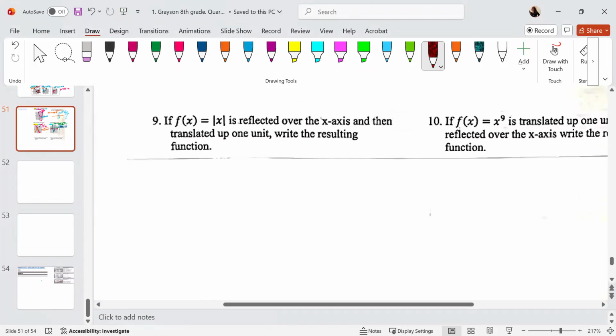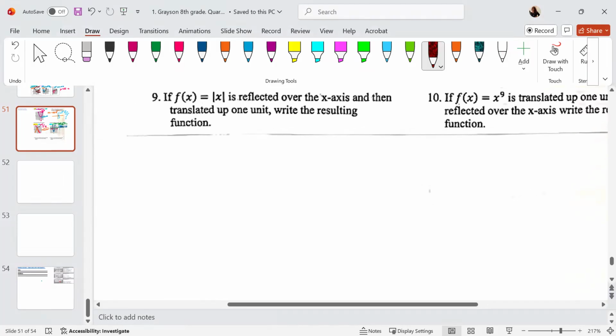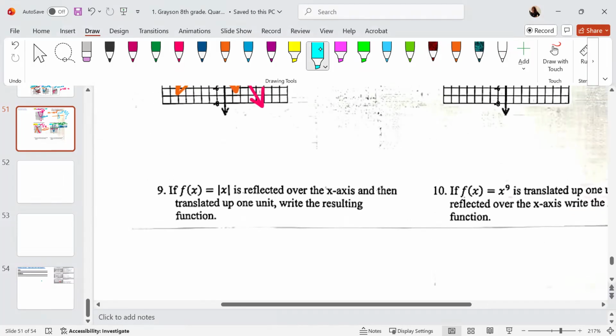Go pick any pants. F of x is equal to absolute value x, is reflected over the x-axis and translated up 1 unit. Write the resulting function. What shape is this? Absolute value. Good. If it's reflected over the x-axis, how is that going to affect this? That means a value is negative.